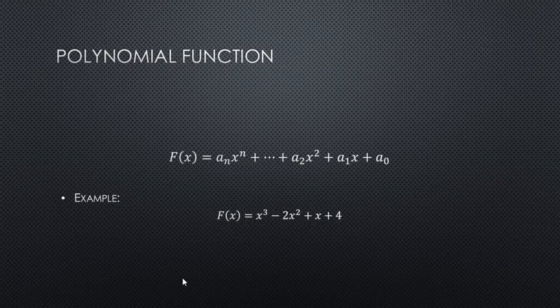For example, x cubed minus 2x squared plus x plus 4. Polynomial functions are important because they can be used to approximate much more complicated relationships. Later, when we study Taylor series, you'll see how complicated functions can be approximated using polynomials.